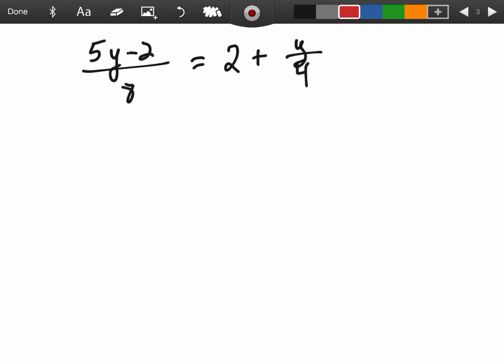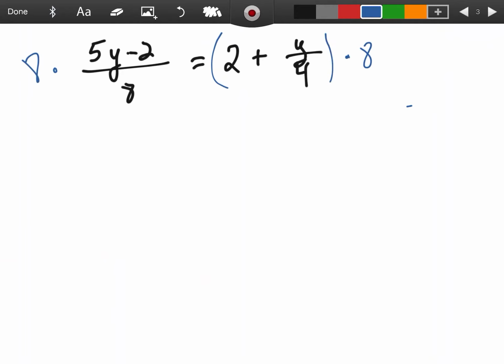In this next one, it's a little bit more complicated. We have fractions here. Whenever we're adding and subtracting fractions, we're going to want to start off by getting ourselves a common denominator. So in this case, I look at my denominators. My least common denominator is going to be 8. So I'm going to multiply everything by 8, both sides by 8.